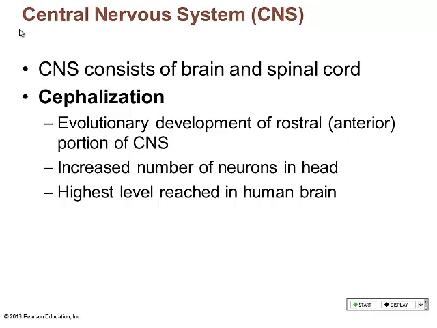And then the term cephalization is a term that describes how the central nervous system in humans has evolved. So development of a front portion of the central nervous system, an increase in all of those cells that are going to send messages to and from the central nervous system to the head, and then the highest level reached in the human brain.